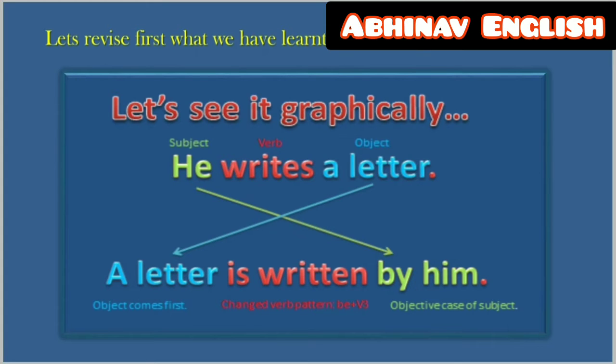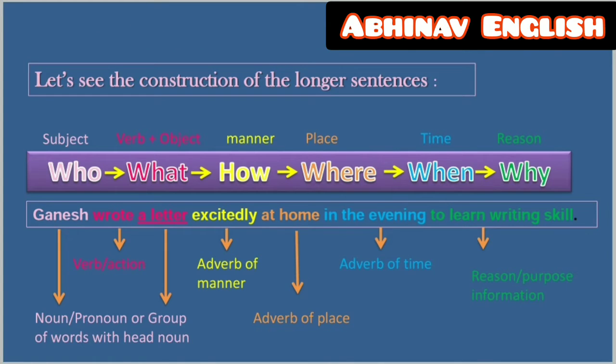now let us see the construction of longer English sentences. In our previous video we have seen sentences with who and what part. They were very small sentences. Sometimes sentences can be much longer as there is an increase of how, where, when and why types of information in the sentence. Our example is Ganesh wrote a letter excitedly at home in the evening to learn writing skills.